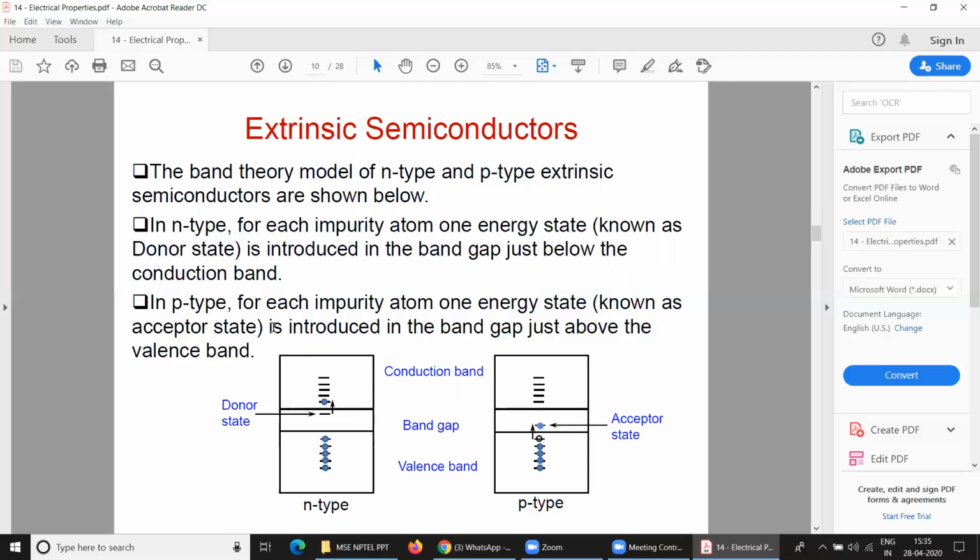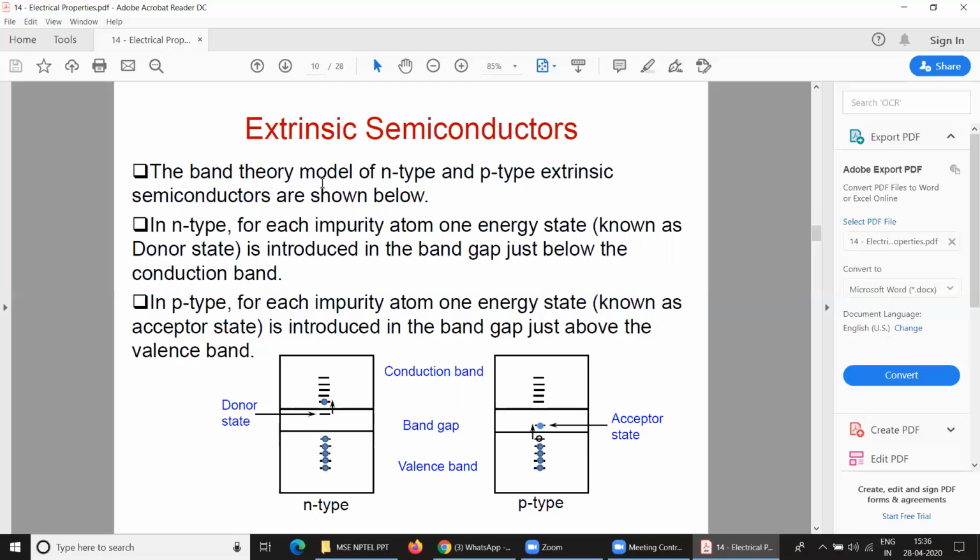In p-type, for each impurity atom, one energy state, known as the acceptor state, is introduced in the band gap just above the valence band. You can see the pictures here: the donor state for the n-type ones and the acceptor state for the p-type ones. This is the conduction band, this is the valence band, and this is the band gap between those two.